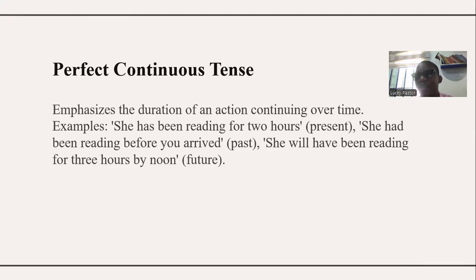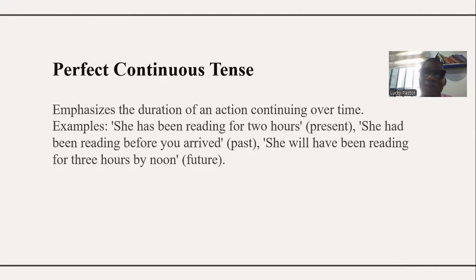Then we have the past perfect continuous. She had been reading before you arrived. An action that was ongoing before another happened, right? That is the past perfect continuous. Then, she will have been reading for 3 hours by this time tomorrow.